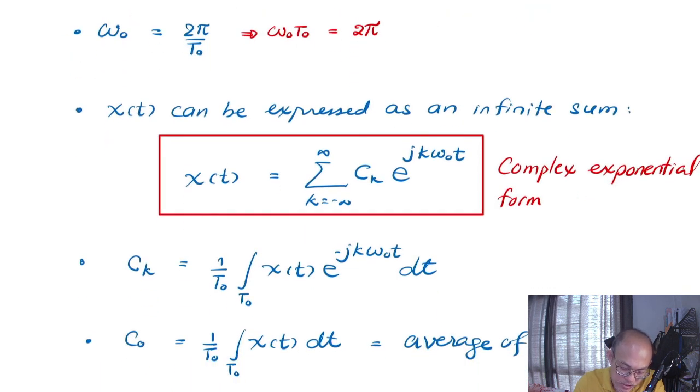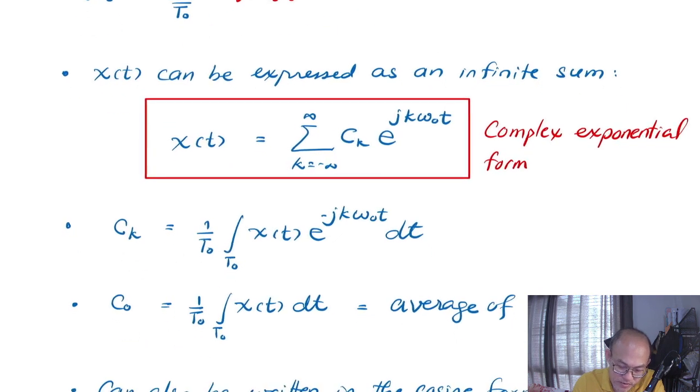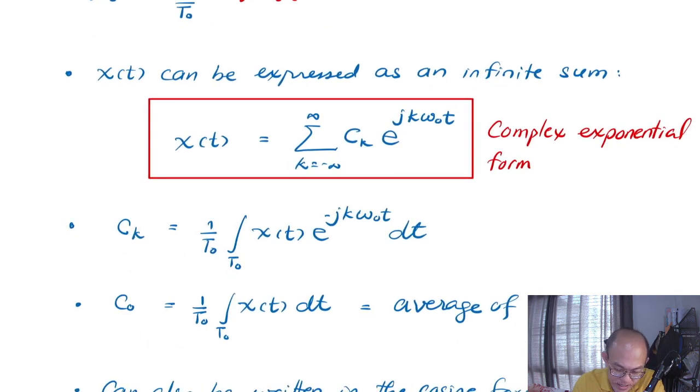And it turns out that we can represent x by an infinite series, and the infinite series is unfortunately in complex exponential functions. So x(t) can be represented as a constant ck multiplied by the complex exponential function e to the jk omega 0 t.